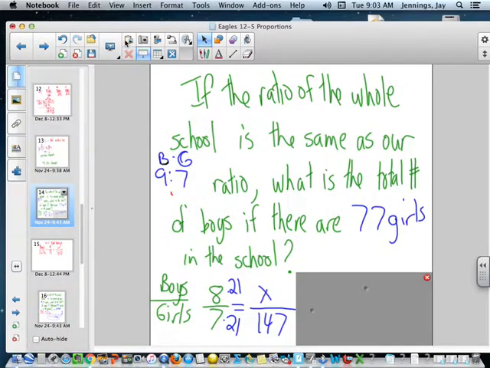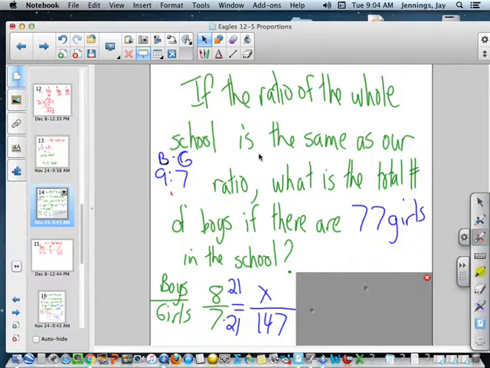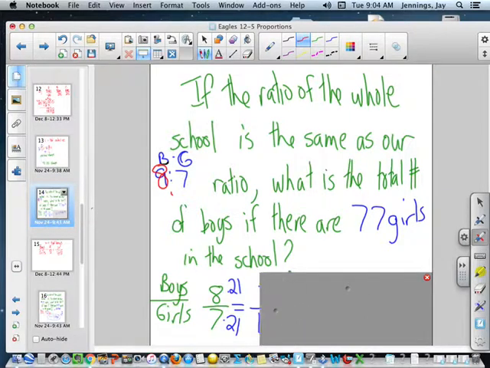let's change that up. It's 8 to 7. Okay, so then you just want to figure out that, so boys to girls, 8 to 7, I write it out in words.